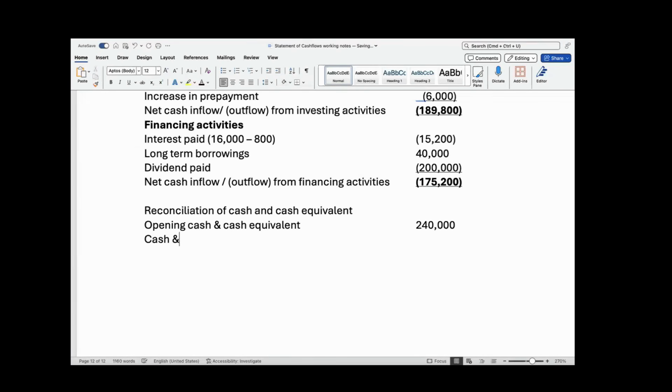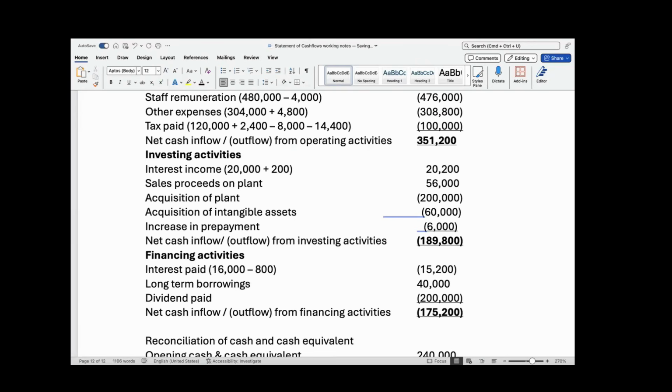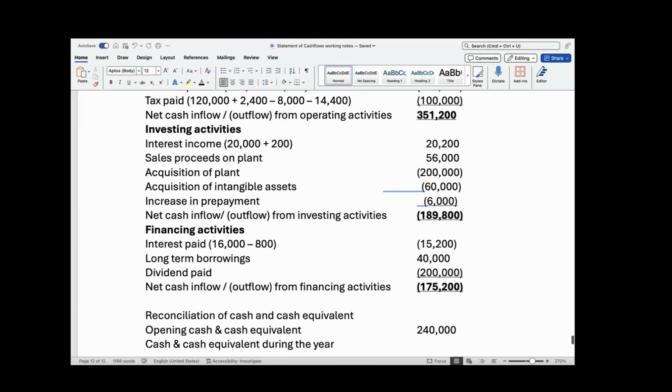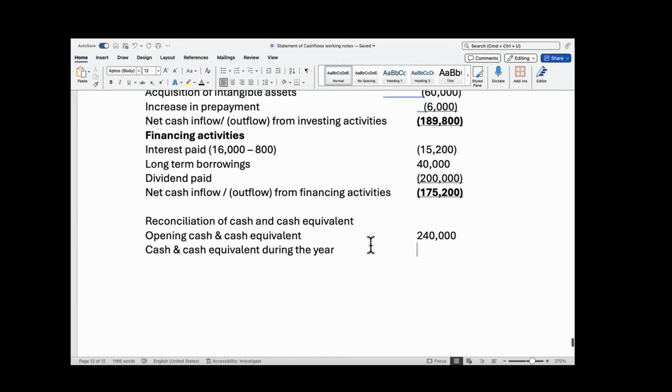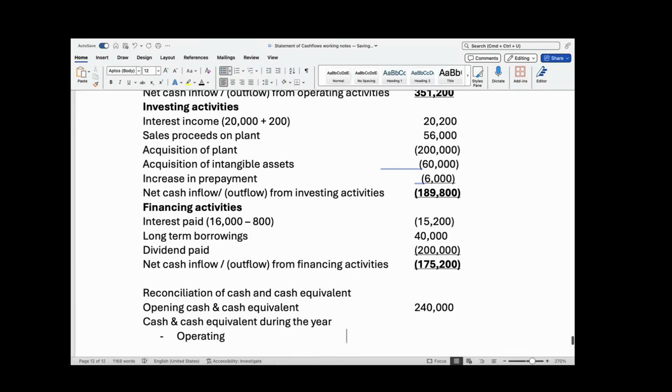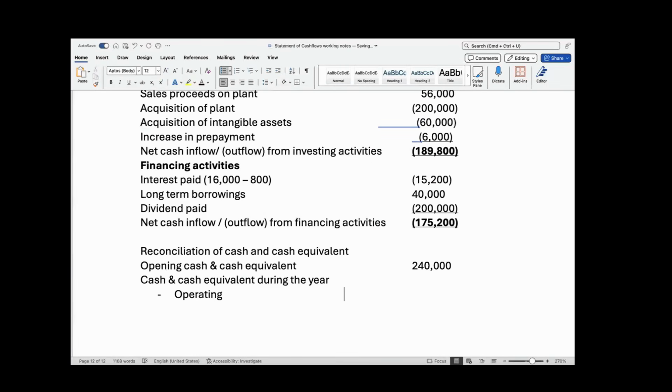So cash and cash equivalent during the year: the operating was 351,200.